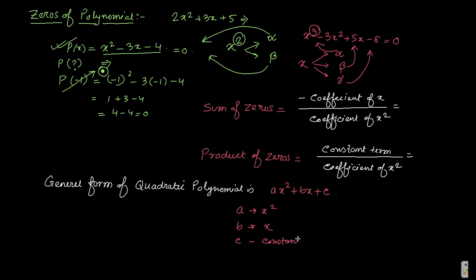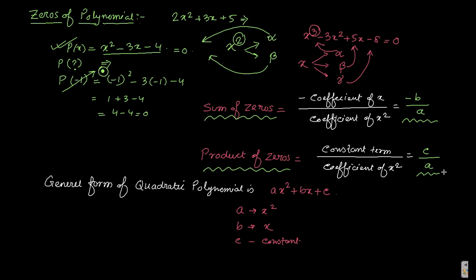Minus the coefficient of x is minus b, by the coefficient of x square, a. The constant term is c. So the sum of zeros is minus b by a, and the product of zeros is c by a.